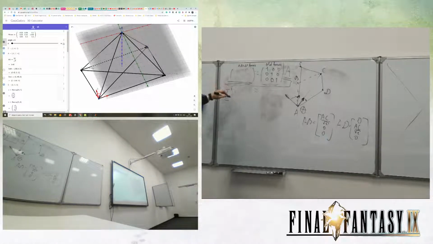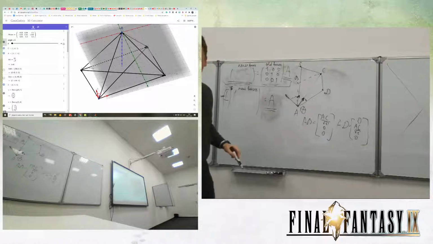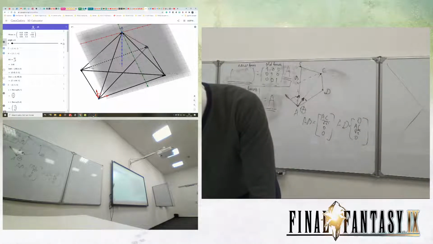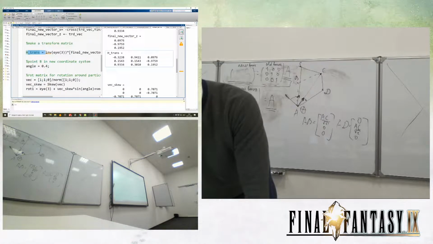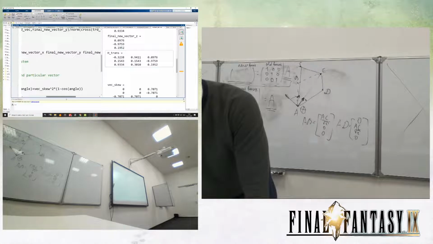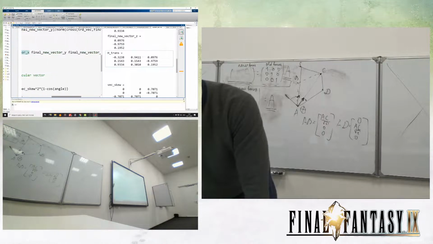In our case we can actually say transpose, but okay, inverse, divided by the new base. And we receive our transformation matrix. Make the transform matrix, it's there. So inverse, identity matrix as I said, and our new vector.